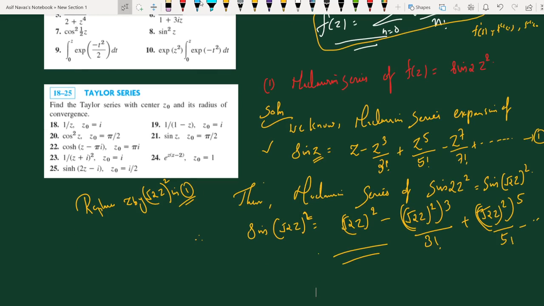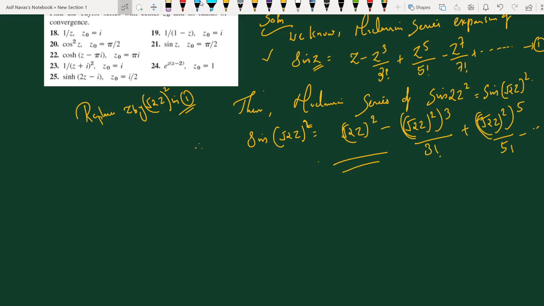So this will be the Maclaurin series of sin 2z square.